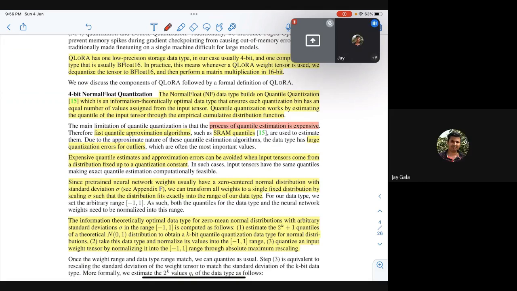I think the precision of the weights is 4 bits. Even though operations are converted to 16-bit when you compute, eventually what you store is just 4 bits.